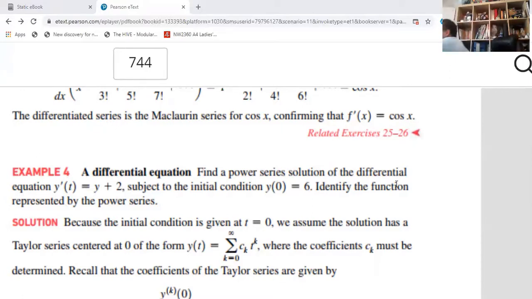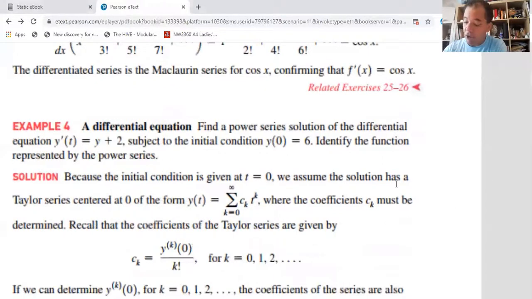All right, so differential equation, in case you've never heard that term, is just a fancy word for saying we want to find a function that satisfies some properties, right? And so we need to find the function y. Find y such that we have 2 clues. One of them is that y prime is the same as y plus 2.